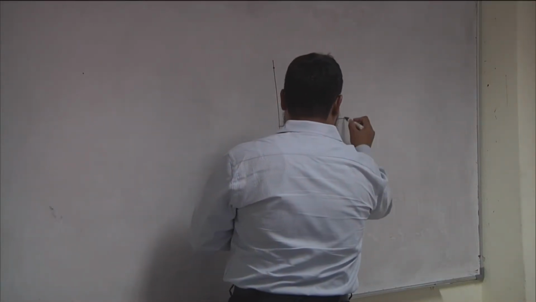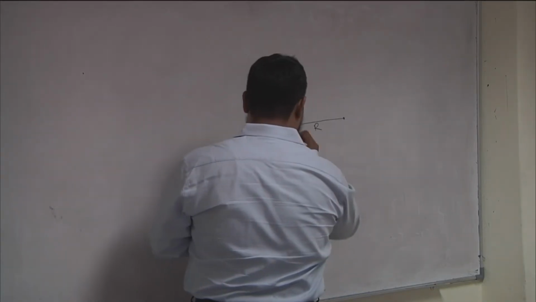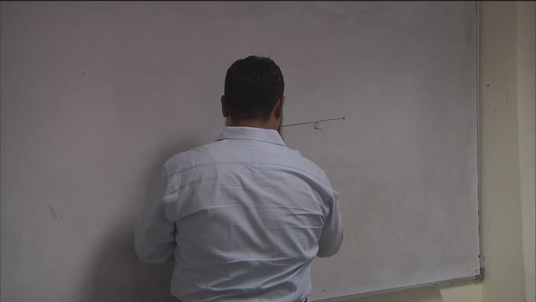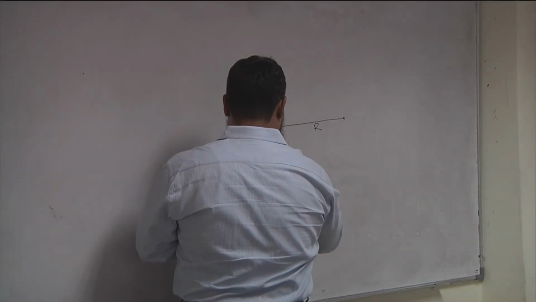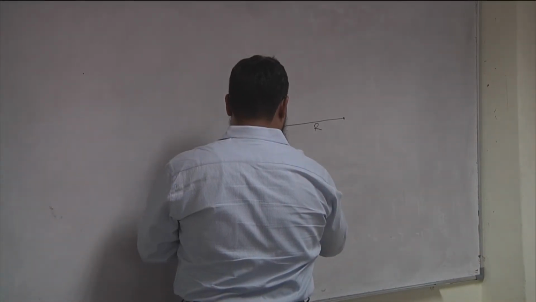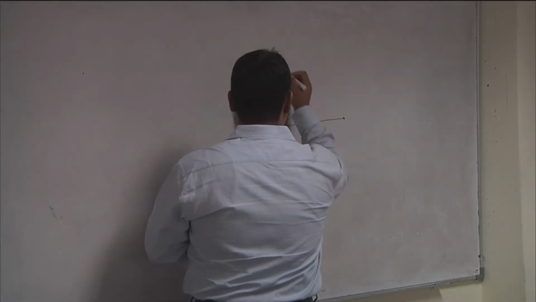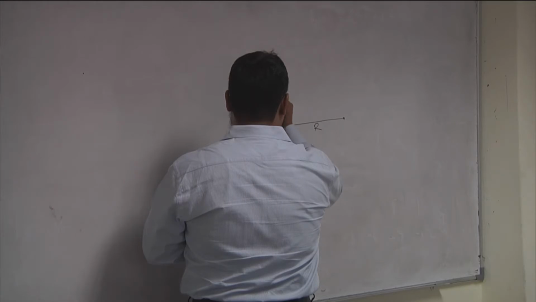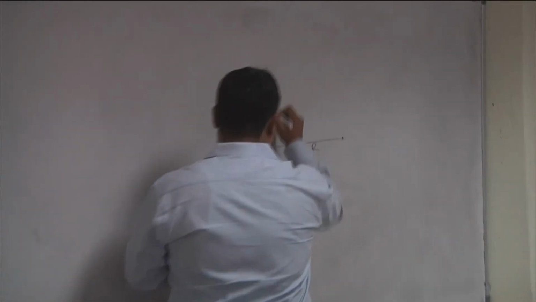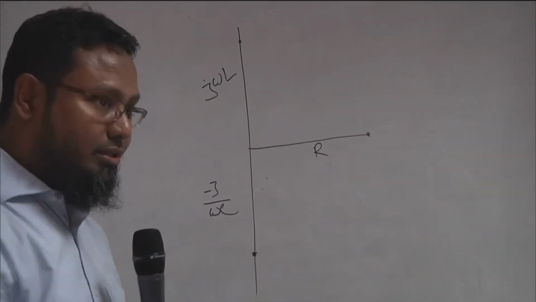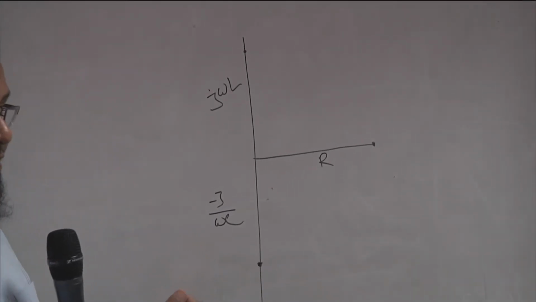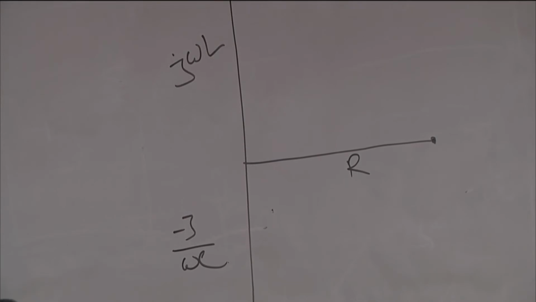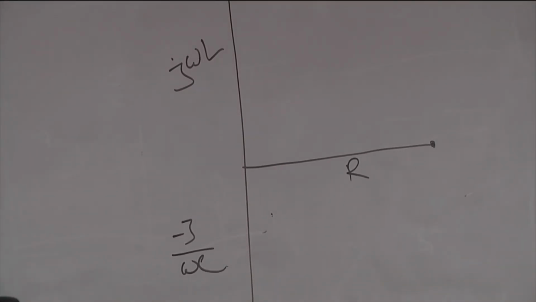This is because of the R. This is in the negative direction, which could be because of the capacitor, negative j over omega C. And vertically up, you get the reactive component because of the inductor. So you have three vectors and you have to add them up to find the equivalent impedance.